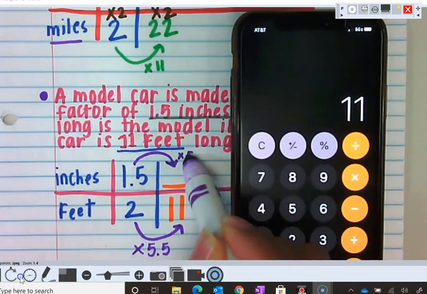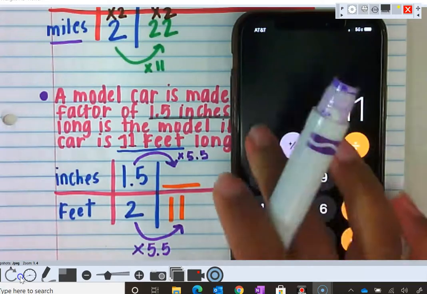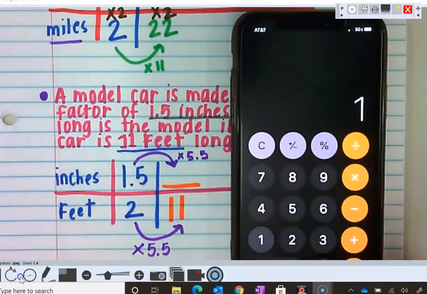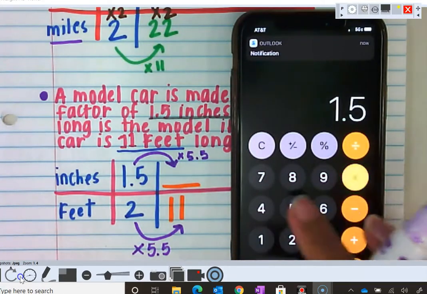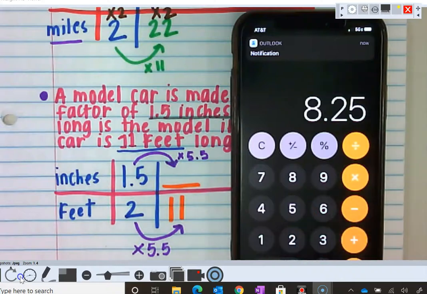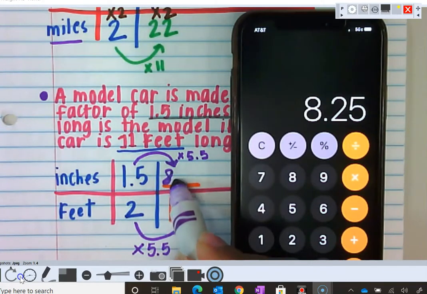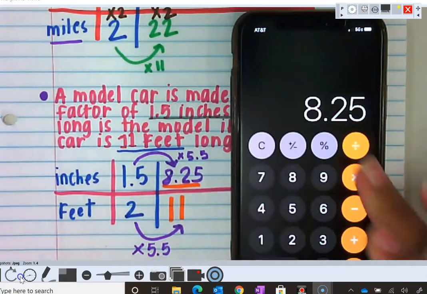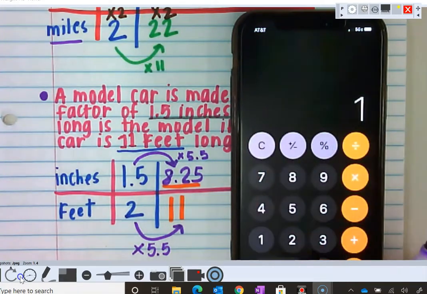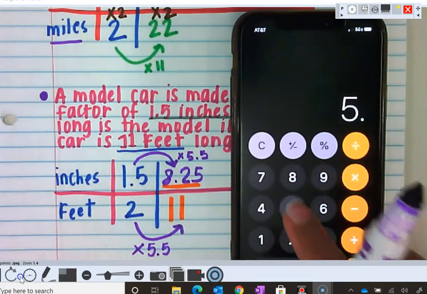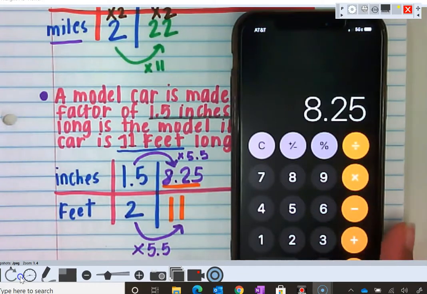So I'm multiplying by 5.5. So now let's multiply. 1.5 times 5.5 is 8.25. So let me type that again to make sure it's right. I like to check my decimal work in my calculator. Times 5.5 gives me 8.25.